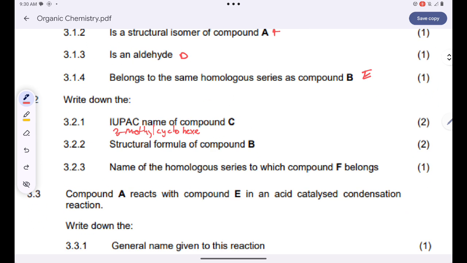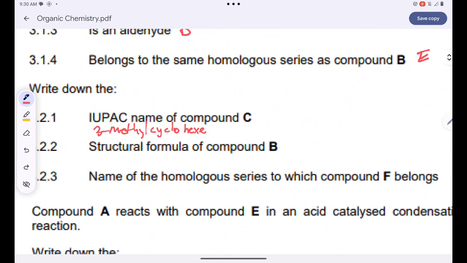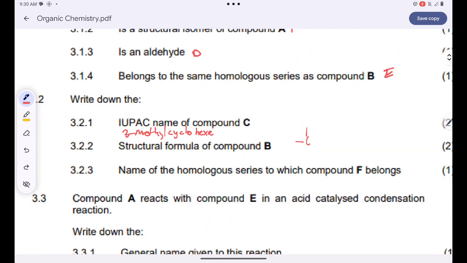Okay, a structural formula of compound B. We've already drawn that. It's butan-2-ol, right? All you need to do is to just write the hydrogen atoms around the carbons.